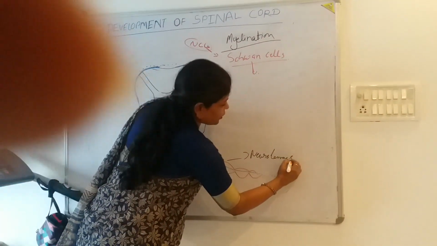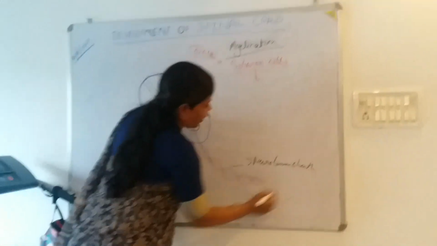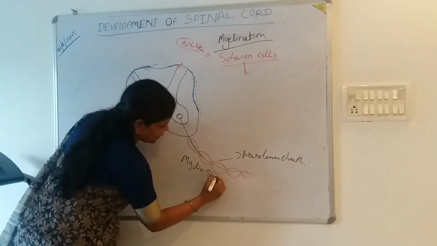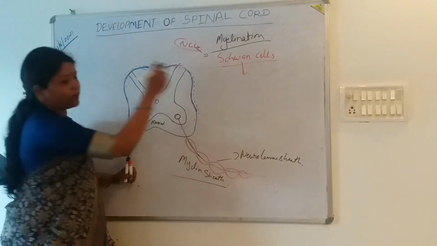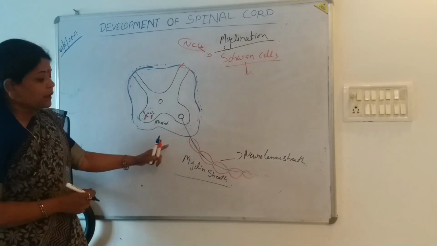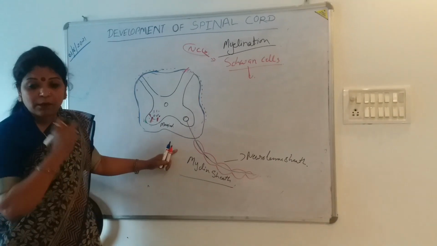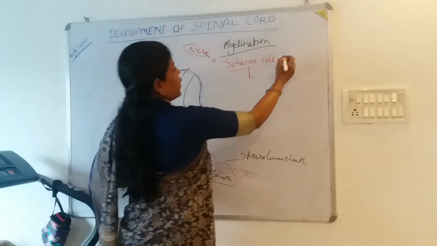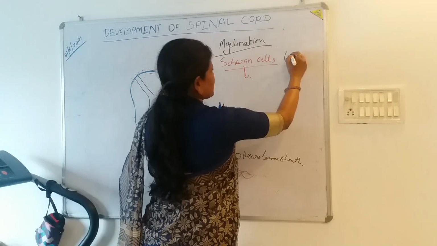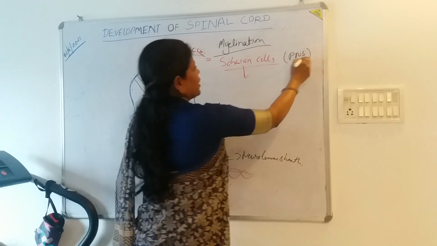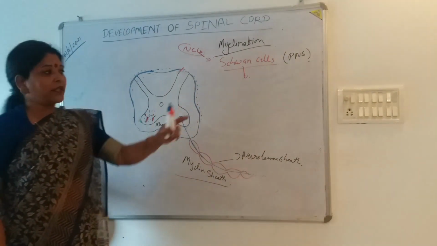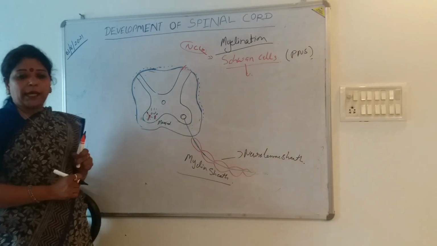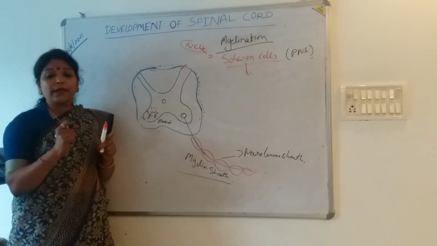Or you can say the myelin sheath is formed by the repeated coiling of these Schwann cells by the outer aspect, that is the part of the peripheral nervous system. So the Schwann cells are responsible for the myelination not in the central nervous system, rather in the peripheral nervous system.